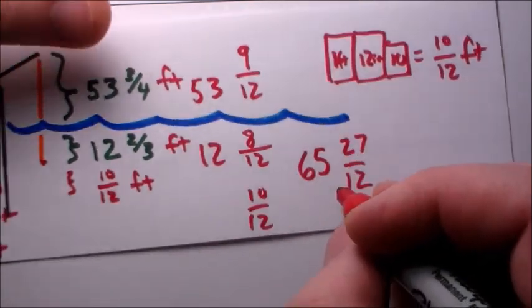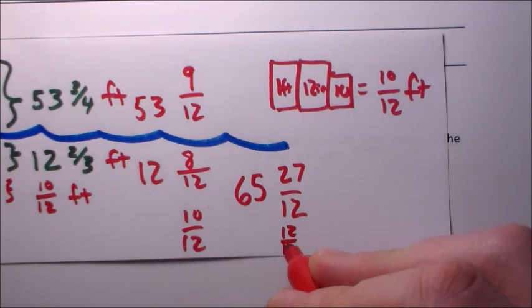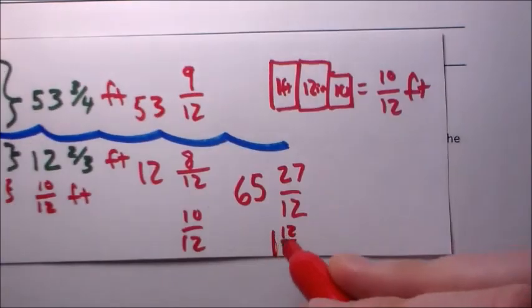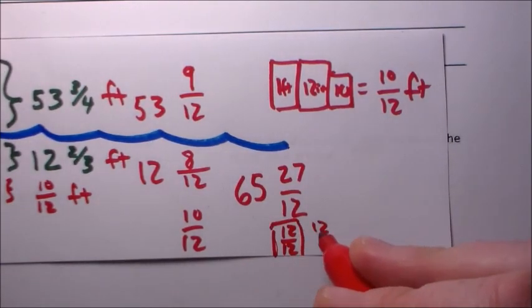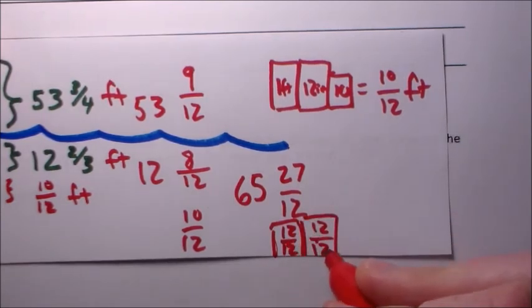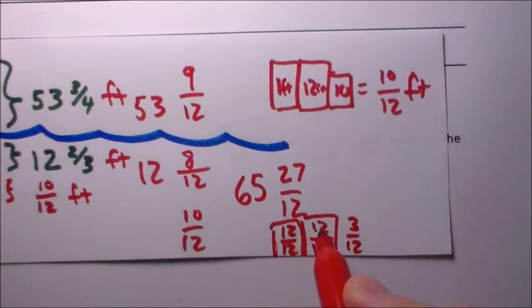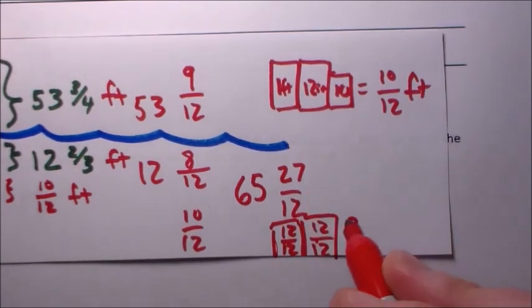If we think of 27/12 as 12/12, which is a 1, and another 12/12, which is another 1, that's 24 over 12. We have 3/12 left, right? Because 12 plus 12 is 24, plus 3 is 27.